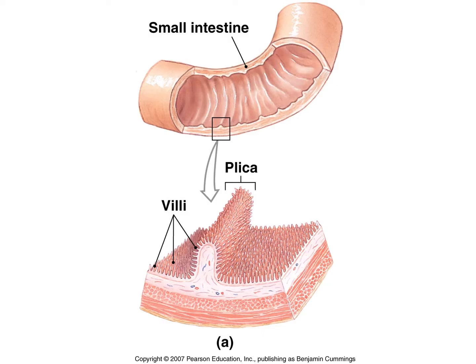So the villi are little finger-like projections that will stick out of the mucous membrane here. And you can see a plica there, one of the folds, so that all is going to increase surface area and allow you to absorb more of the nutrients and water.